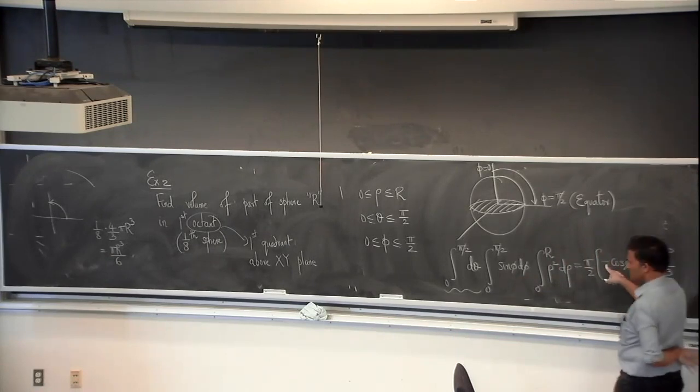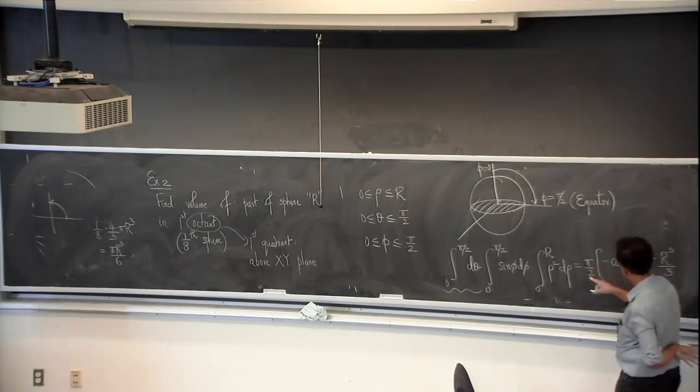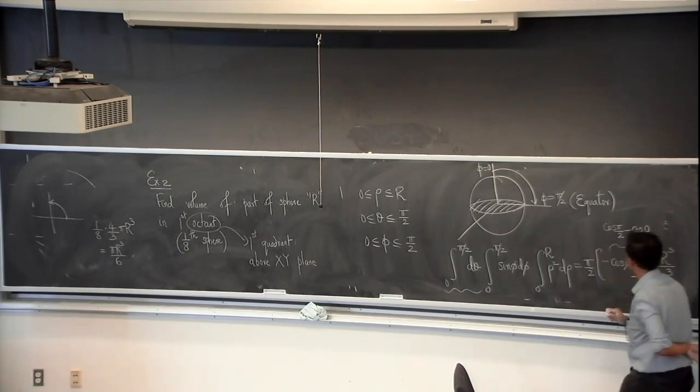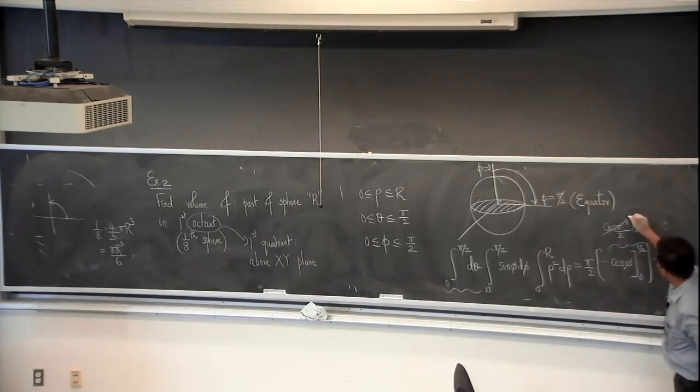I know this negative is a little bit of a nuisance. You can pull it out so that you don't make mistakes. This part would be cosine of pi over 2 minus cosine 0. Cosine pi over 2 is 0, and cosine 0 is 1, so you have negative of negative 1. So this entire thing is 1.